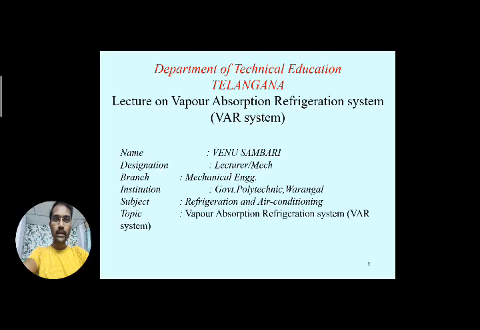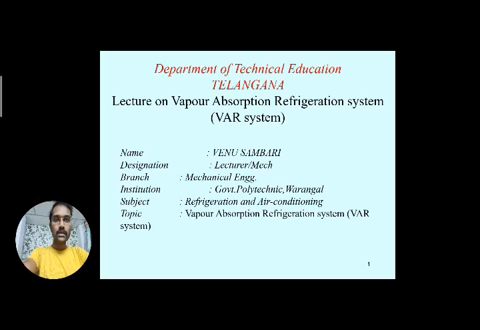We also saw the pH diagram explanation, the TS diagram explanation, and analysis of the PV, TS, and pH diagrams. So we studied a lot in the previous video lessons. Similarly, I am coming with a new topic, the vapor absorption refrigeration system. It's a quite interesting topic, and in short form it is called the VAR system.